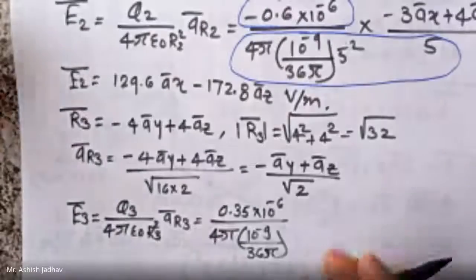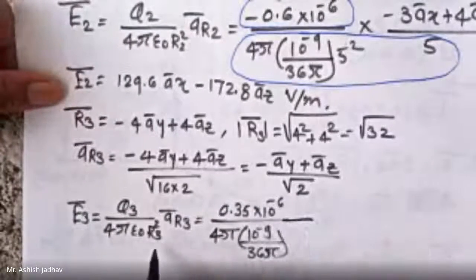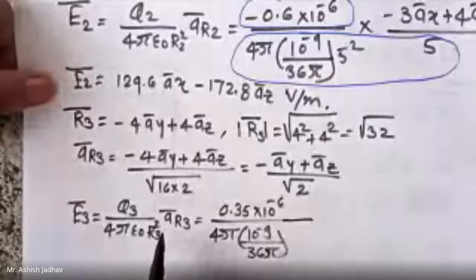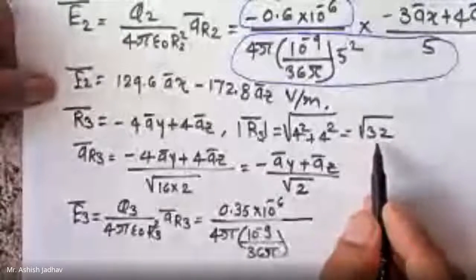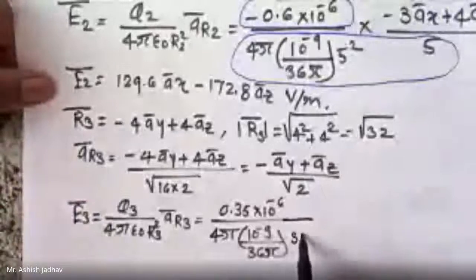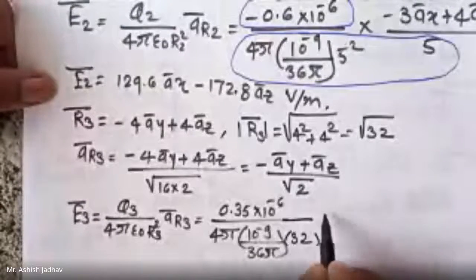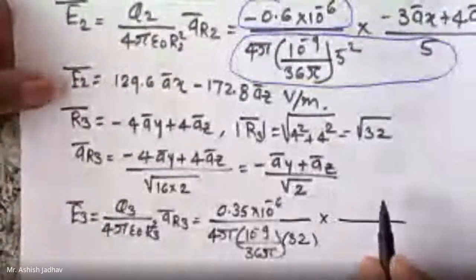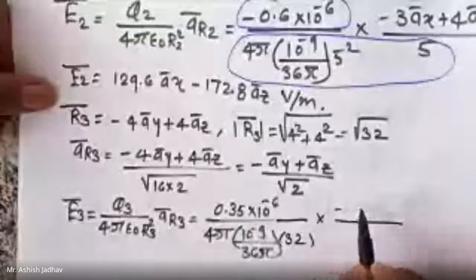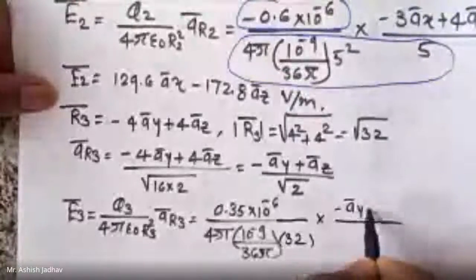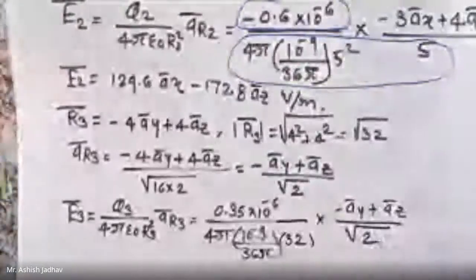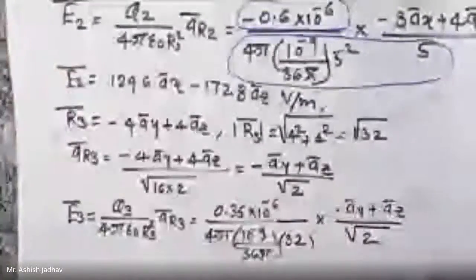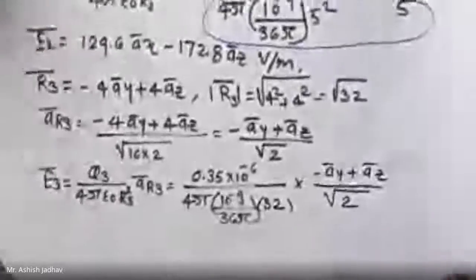R3 square means this 32 square. So directly I will write 32 into this minus a bar y plus a bar z divided by under root 2. So calculate the answer and tell me.